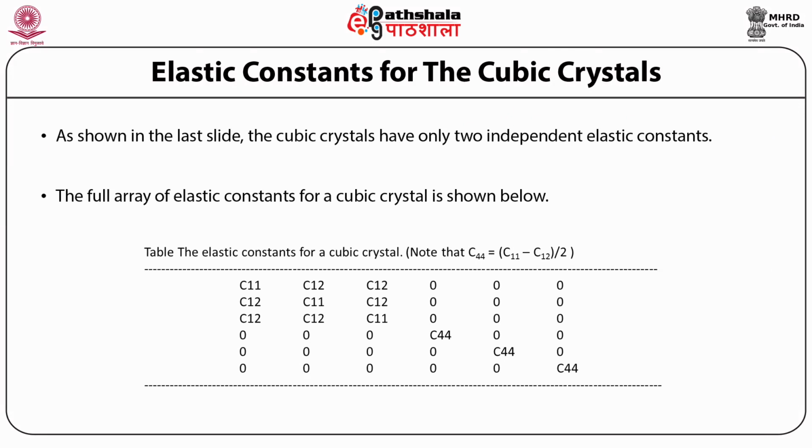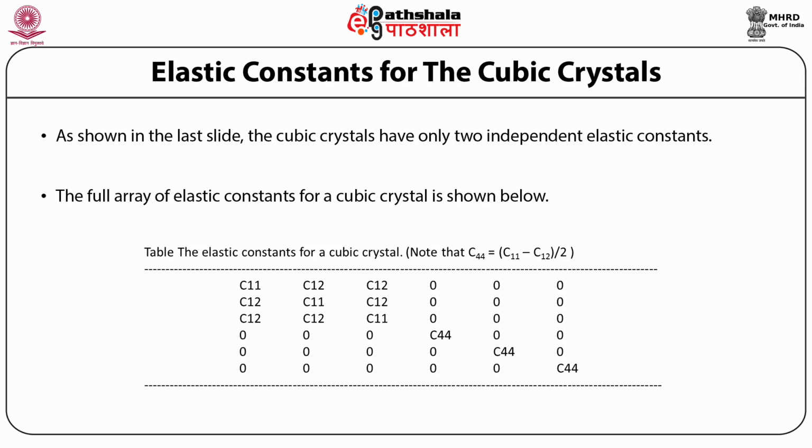The array of the elastic constants for the cubic system is shown in this table. For the isotropic system, the array of the elastic constants is the same as for the cubic system, but there are only two independent elastic constants with C44 equal to (C11 minus C12) by 2.